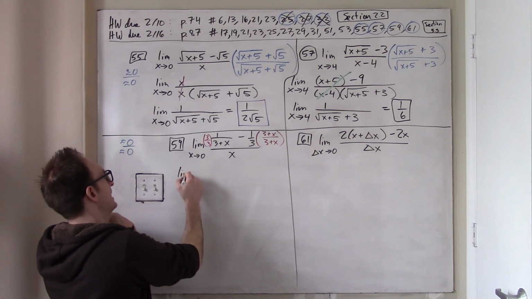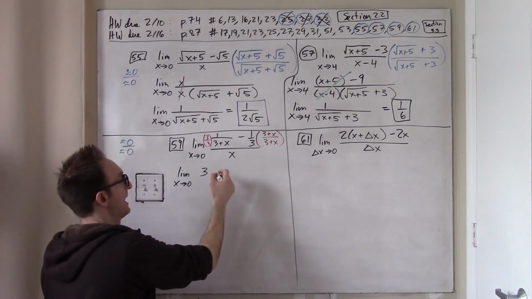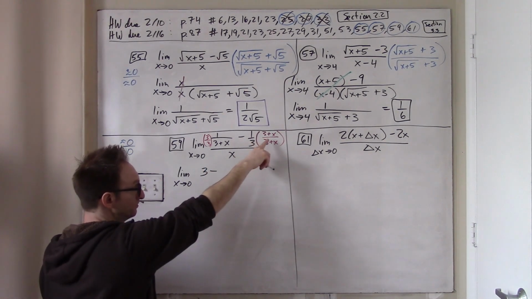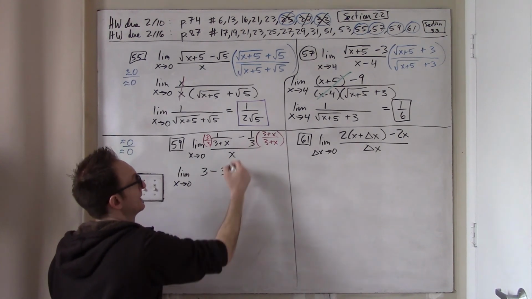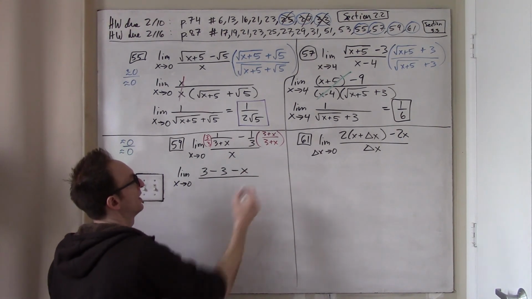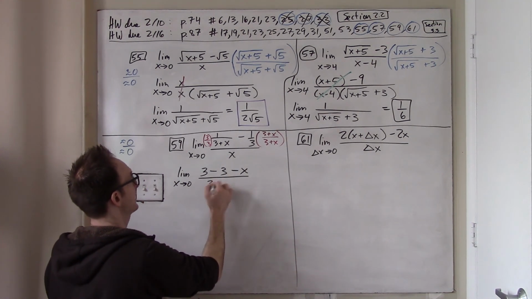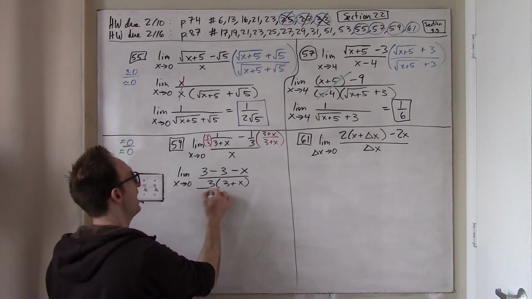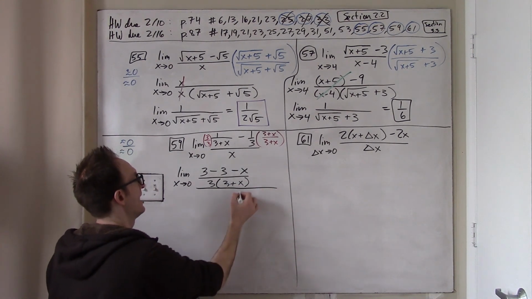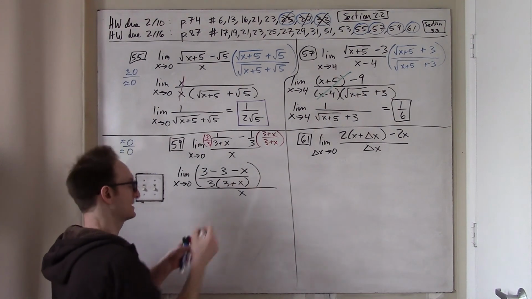It's the limit as x goes to 0 of 3 minus, being careful now when I distribute the negative, that's minus 3 minus x all over 3 plus x. But then all of that is all over x. So note my use of the large bar here to indicate that.